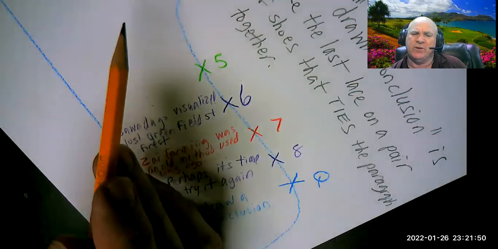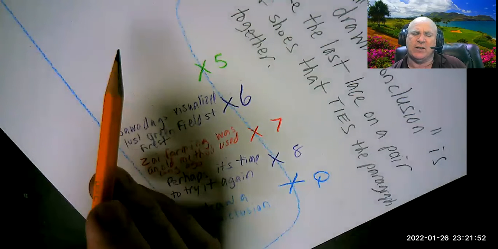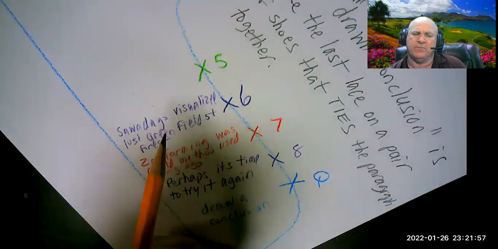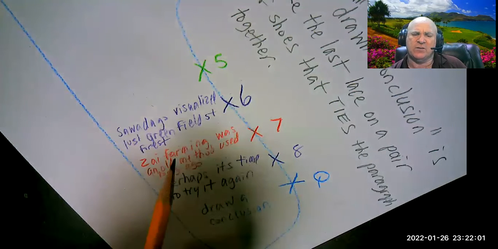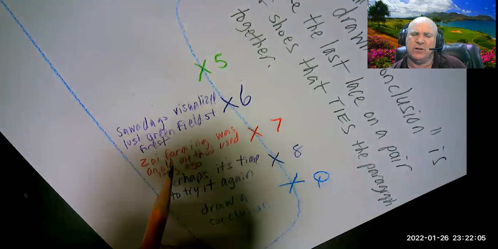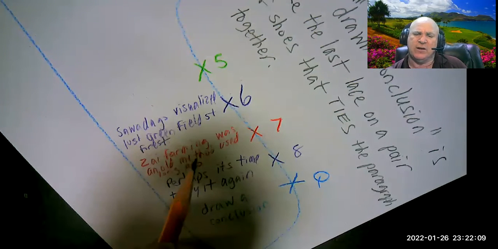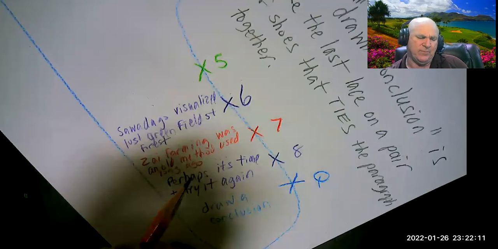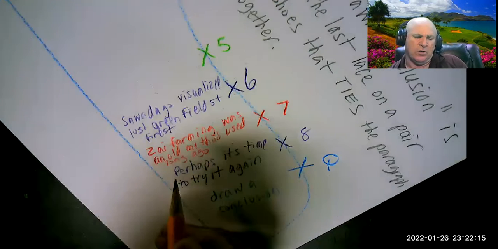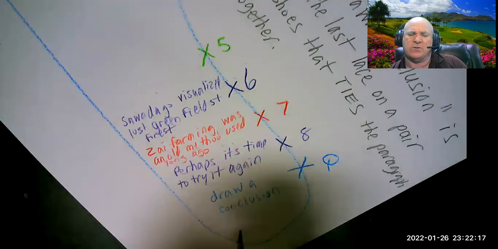He was visualizing, he had a vision, he was able to imagine what was going to happen. Without a vision, the people perish, a saying says. Zai farming was an old method used long ago, so perhaps it was great to try it again. So if I was to add, it's helpful to look to the past for answers.